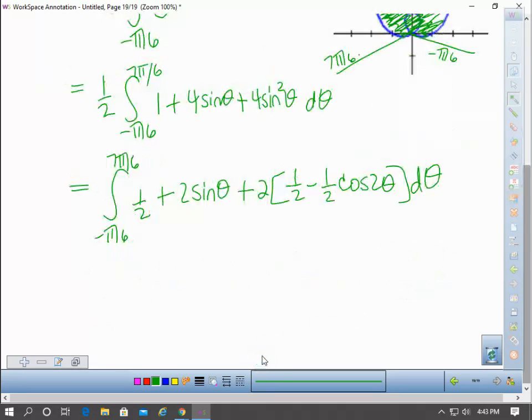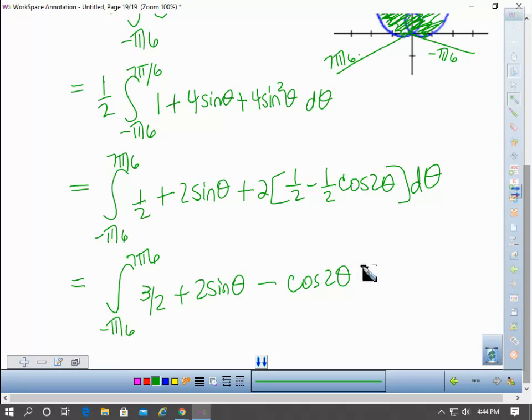Notice I've used that every single time because we've done sines and cosines. So I've replaced, and you have to square it when you're doing the area. So I've had to do that every single time. All right, negative pi over 6 to 7 pi over 6. This is going to be 2 times 1/2 is 1. 1 with this would be 3/2 plus 2 sine. And then this will be a minus, that'll be a 1, so that'll be minus cosine 2 theta d theta.